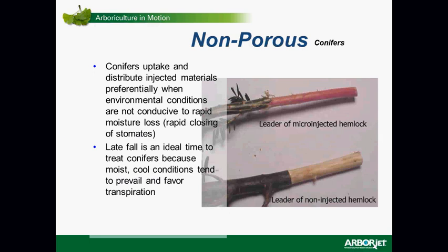What we found was that conifers, because they rely on tracheids, tend to be a little tougher, not only because of the small diameter of the tracheids. I liken it to injecting through a capillary rather than a vessel.